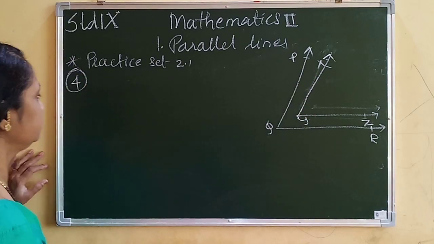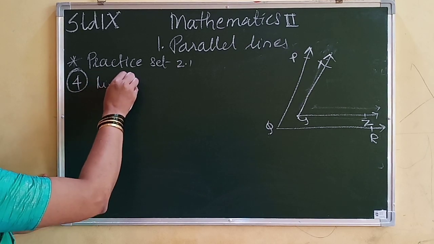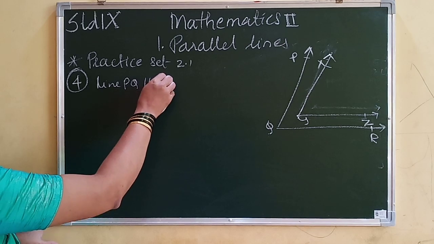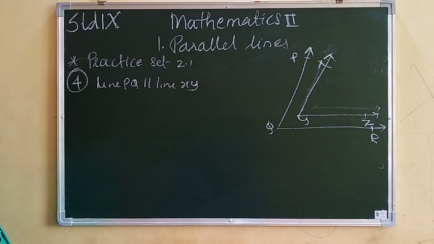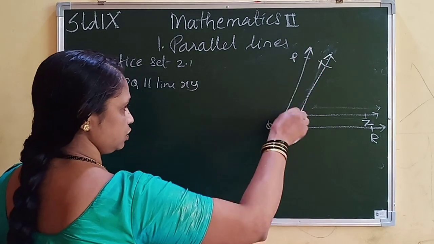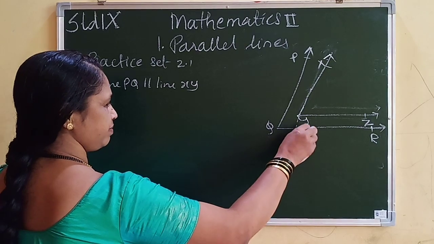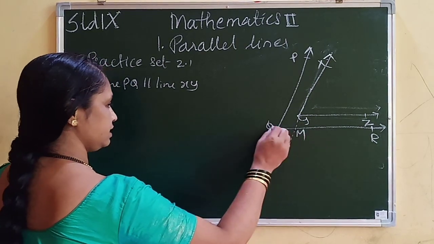What you have to prove? Now your line PQ is parallel to line XY. These are the two parallel lines. We will extend this and give this the name M, and this is the transversal.